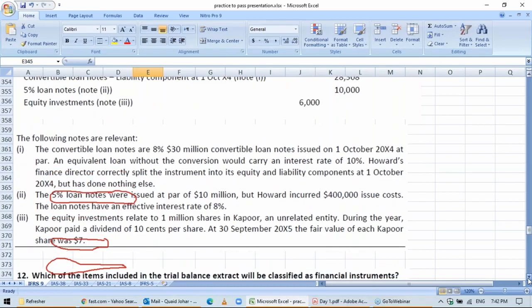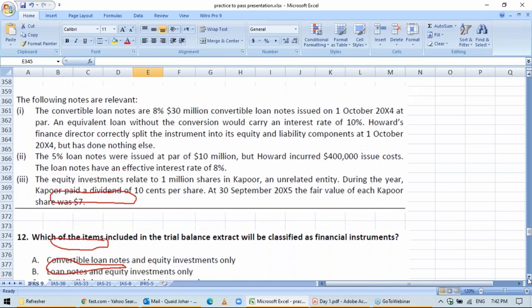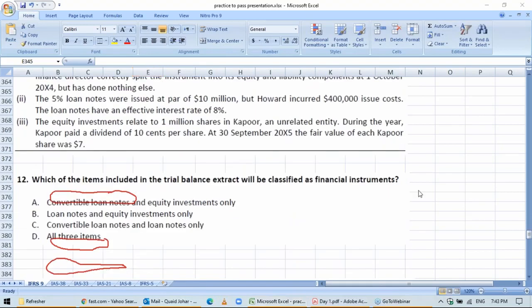So I'm moving towards question number 12 now. So this is a revision. This question is the revision of all of the things we have already done. A further revision.